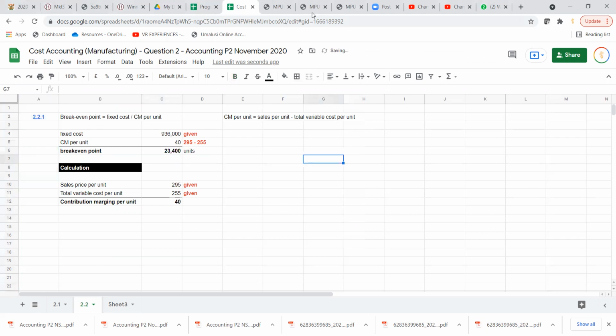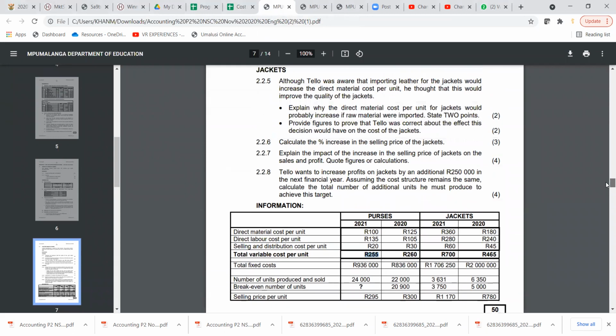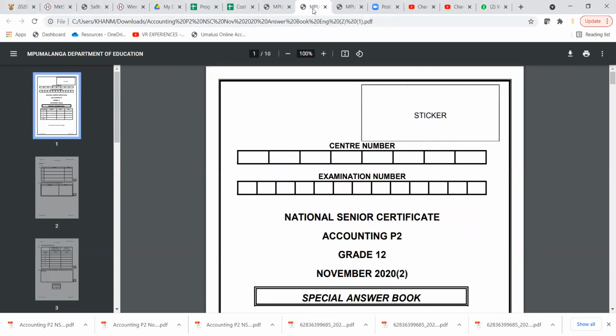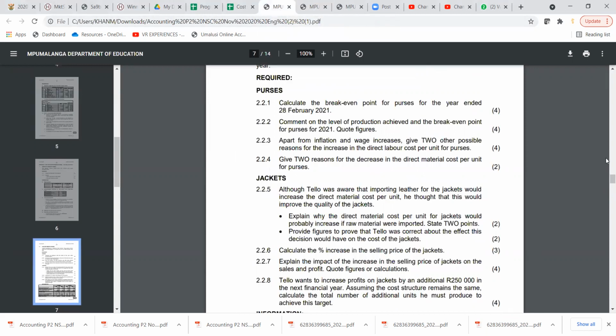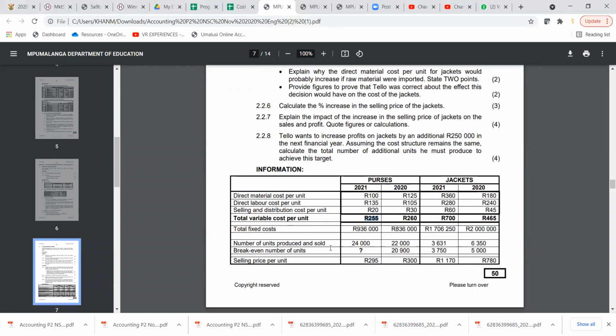Now we can do 2.2.2. Okay, so 2.2.2 says, comment on the level of production achieved and the break-even point for purses for 2021. So here you can see that the number of units produced and sold is 24,000, which is more than break-even point.